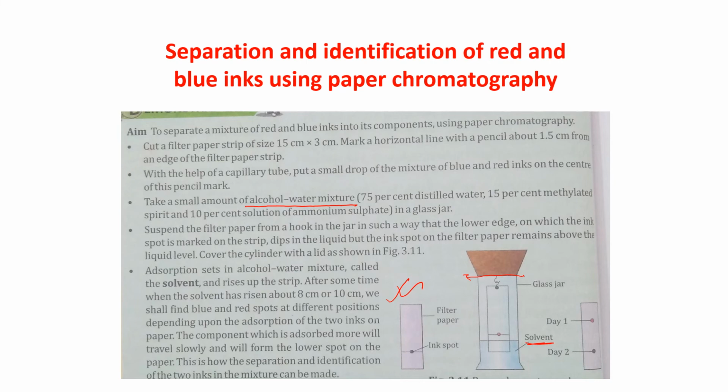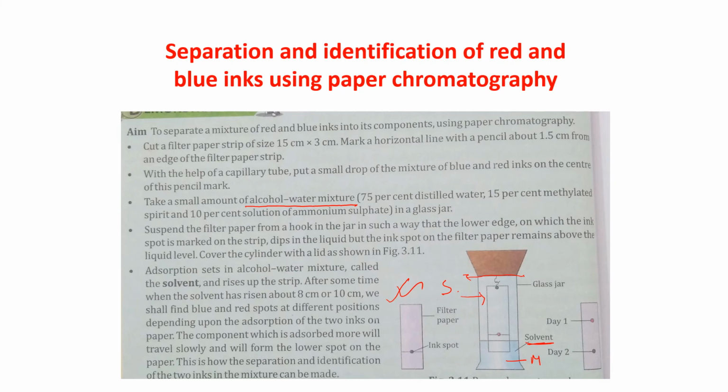The solvent here is the mobile phase and the filter paper is the stationary phase. This is your stationary phase, I am writing with S, and this is your mobile phase, I am writing with M.